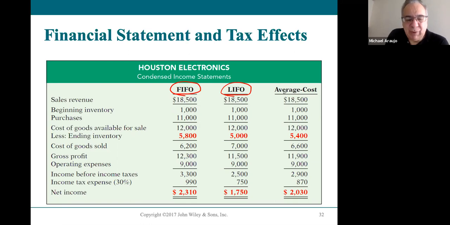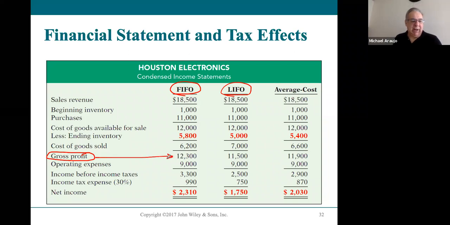So what really determines what you should use? For my rule, in general, you want to use the method that gives you the highest gross profit. Because remember from chapter 5, we looked at the gross profit margin rate and the net profit margin rate.